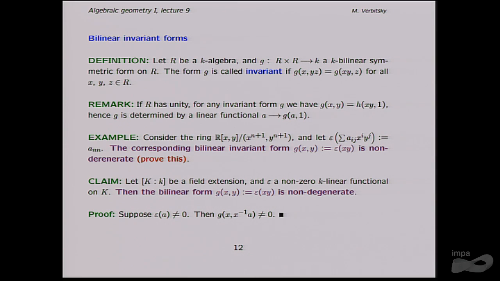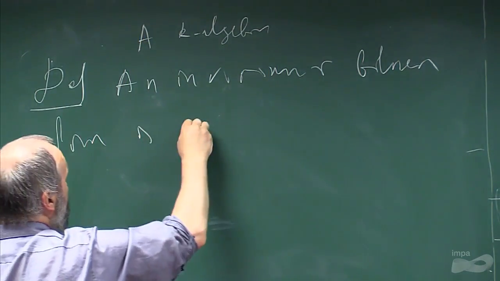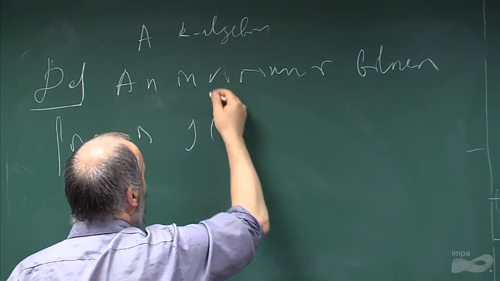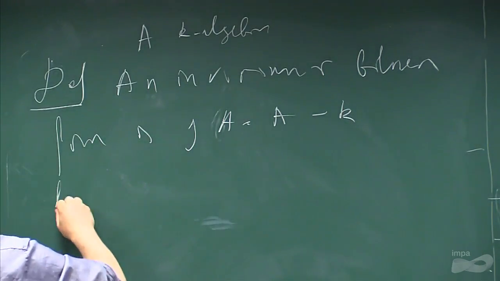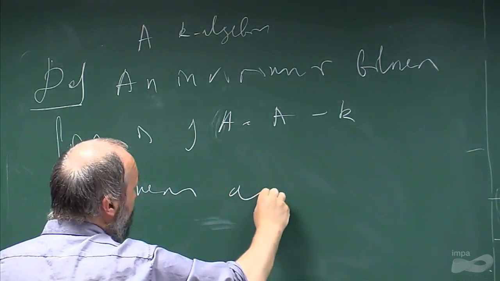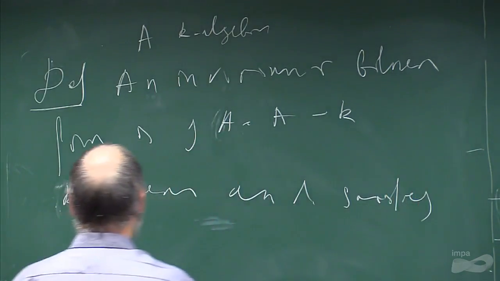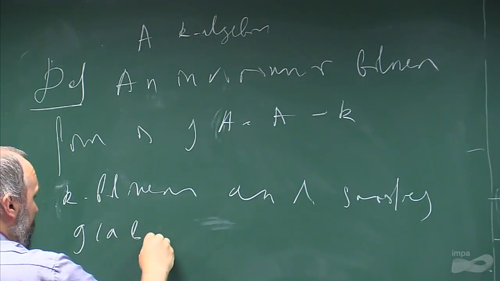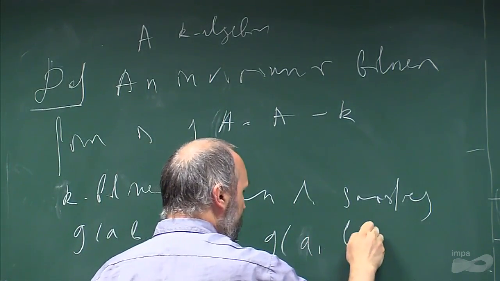An invariant bilinear form is G from A times A to K, which is K-bilinear, and satisfies G of (A, B times C) is equal to G of (A times B, C).